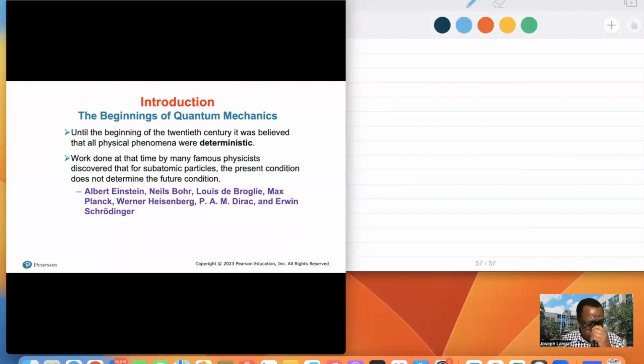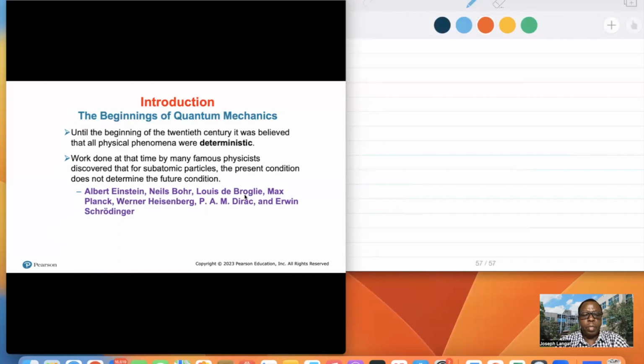These are scientists who worked over time and discovered that for subatomic particles, the present condition does not determine the future conditions. If you look at all these names, Albert Einstein, you may have heard these, Bohr. Remember the Bohr model of an atom.